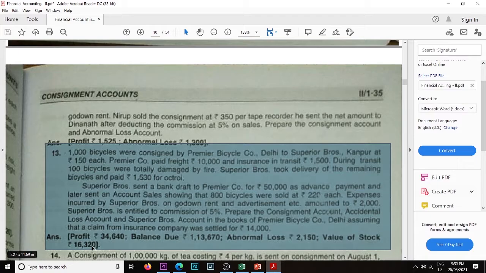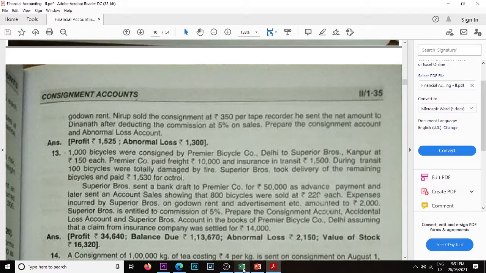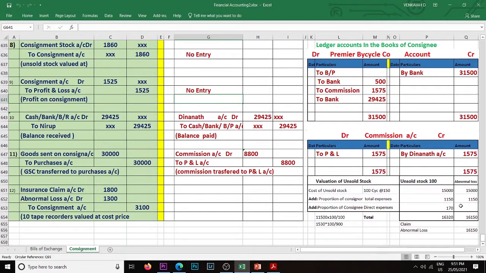Unsold stock is 16,320. Any compensation received? Yes, 14,000 claim received. Okay, we forgot to record that one. Claim received is 14,000. And 2150 abnormal loss. Exactly, we got that one.